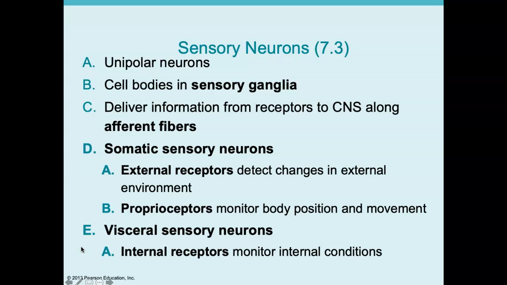And proprioceptors, that's a new one. Proprioceptors are found in our joints and muscles and kind of monitor where our body is, the position and movement of our bodies. And then viscera means organs. So the receptors that monitor our internal organs.